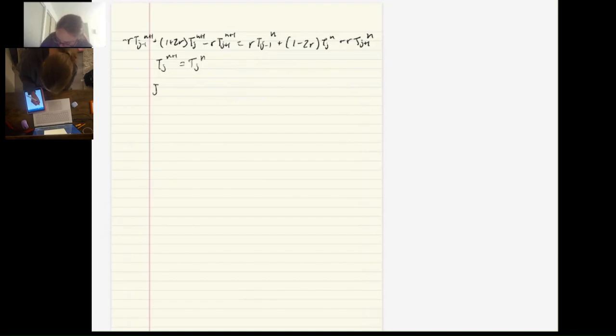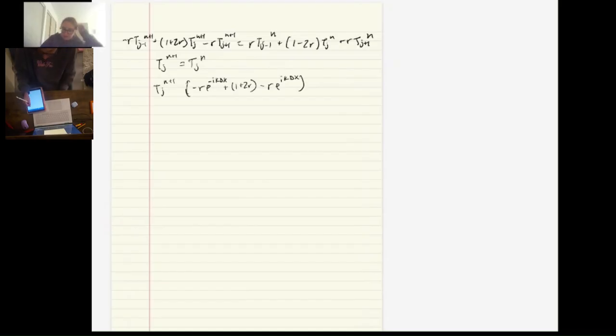First we have T_j^(n+1) equal to negative r e^(negative i k delta x), since this is minus 1, plus 1 plus r, and then minus r e^(i k delta x).